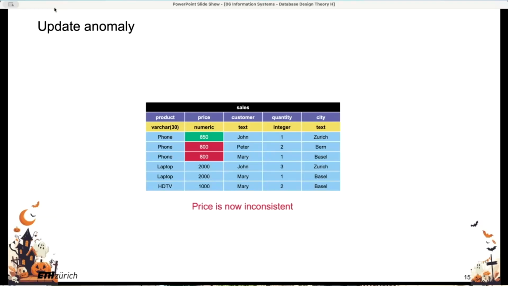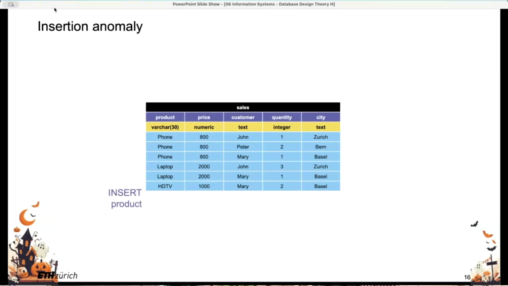So that's also a problem, that I might unintentionally get inconsistent data. Why is that? Because it's duplicated. The price appears 3 times. So it's a cognitive load that whenever you have it multiple times, if you want to change the information, you always have to keep remembering that you have to modify it everywhere to keep it consistent. Who is still with me? Right? So this is bad design.